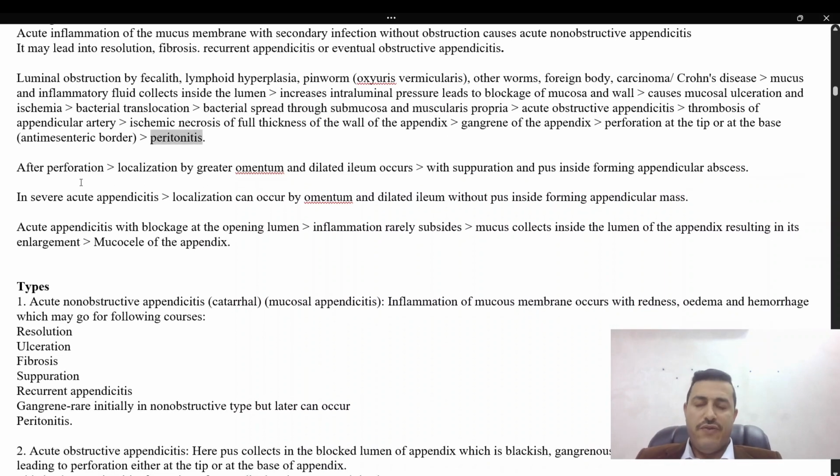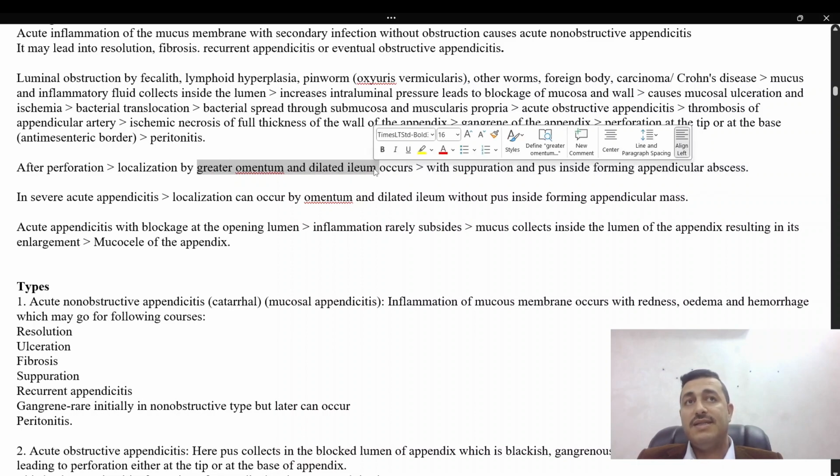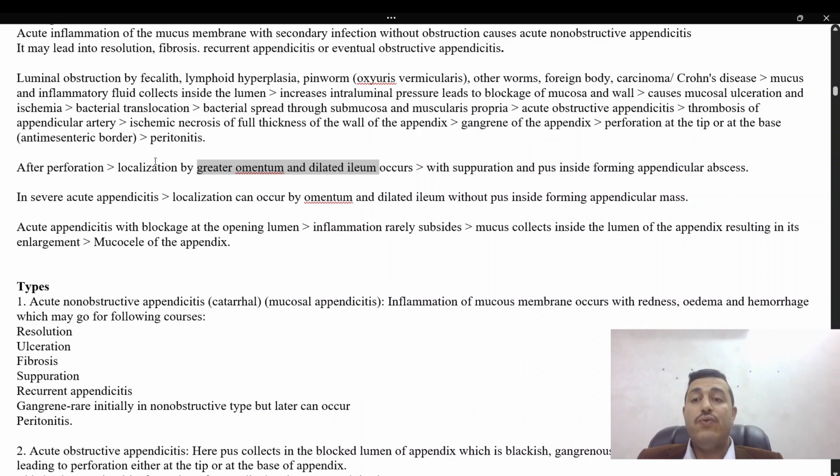After perforation, if perforation happens, there will be localization. It's like a defense mechanism. By what? By the omentum and dilated ileum. Just concentrate that the greater omentum and the ileum get dilated, and so they surround this infection. If we have a collection, this is an appendicular abscess.